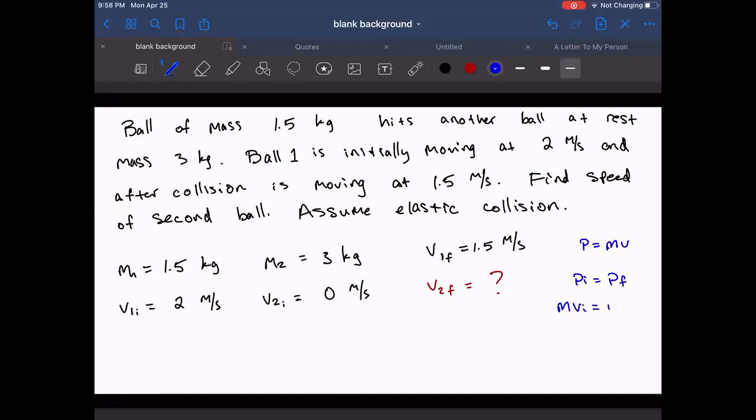This is true in general, but for one object, and we've got more than one object. You're so close, but this doesn't really help us, because remember, it's the initial momentum of the system, which is both of the objects.